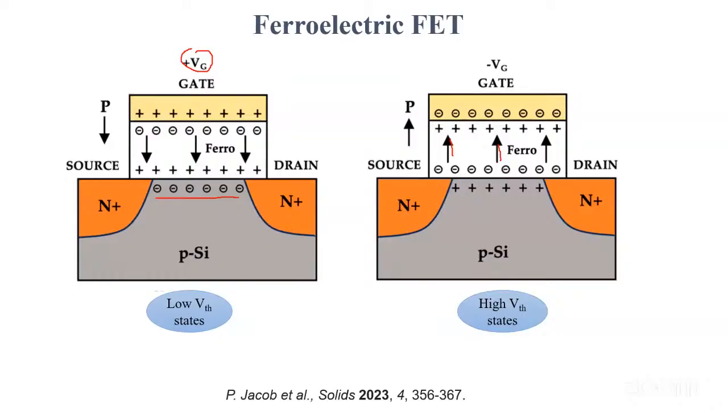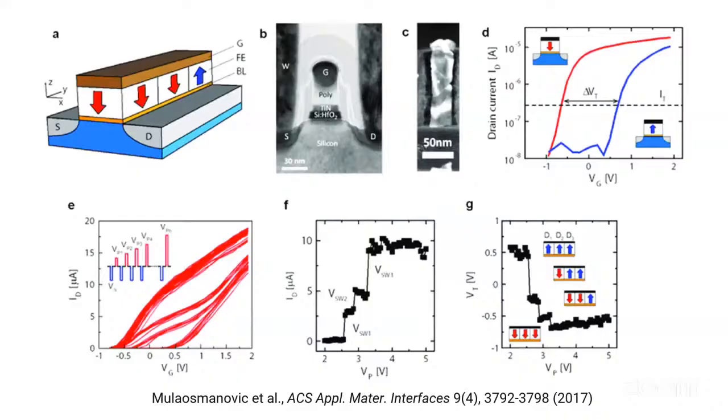Then we also have domains inside this ferroelectric material, or we can say groups of atoms that have a uniform polarization. So you can change these individual domains to get the minor loops and change the threshold voltage in steps for different neuromorphic applications, because we can program these weights.